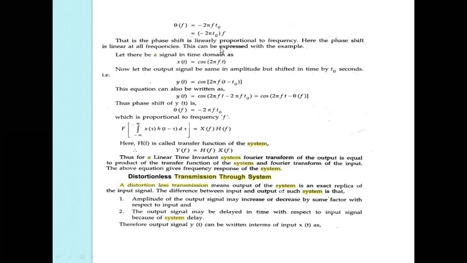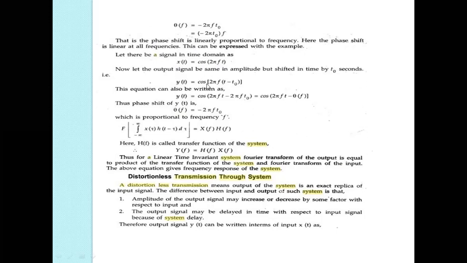This can be expressed with the example of x of t equal to cos 2 pi f t. Now let the output signal be the same in amplitude but shifted in time by t naught seconds.